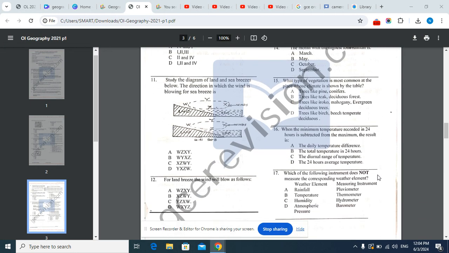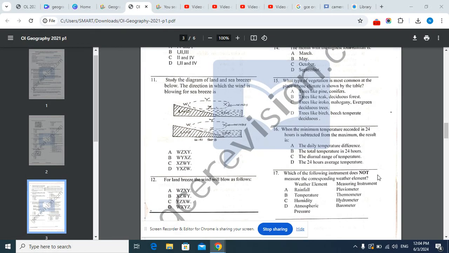Question 11. Study the diagram of land and sea breezes below. The direction in which the wind is blowing for sea breeze is.